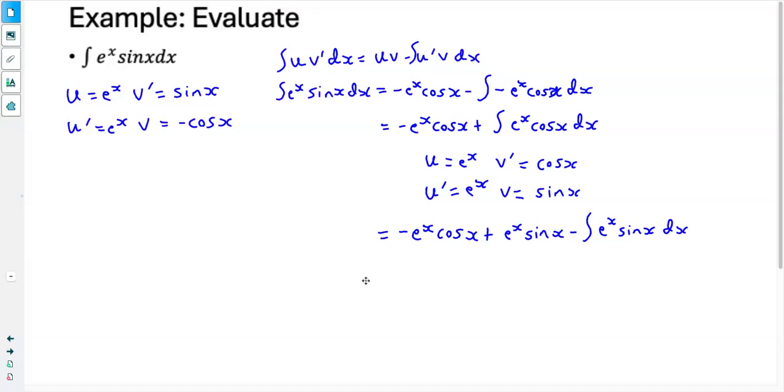So what we're going to do is say let I, hence why it's called an I-cycle, equal our integral of e to the x sine x dx. That means that the left side of our equation is equal to I. So we've got I equals negative e to the x cos x plus e to the x sine x minus I.